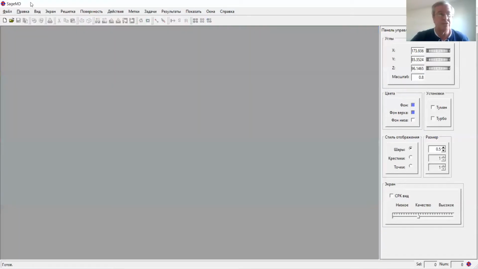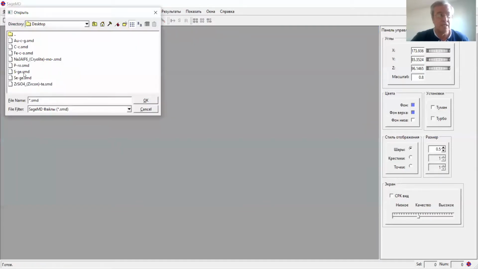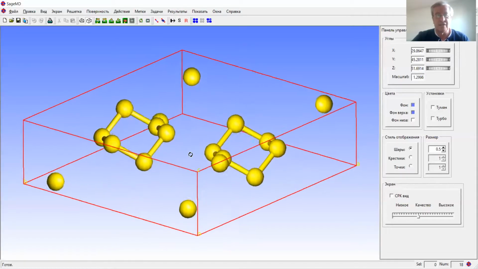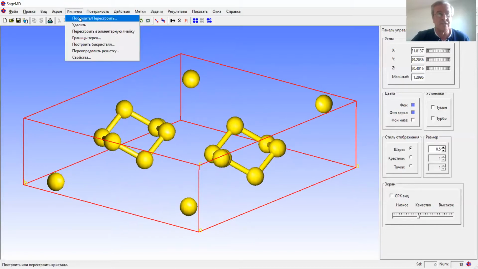All right. So one more example. This time it is a neighbor of phosphorus in the periodic table, in group 6, which is sulfur. Let's see what kind of unit cell it has.